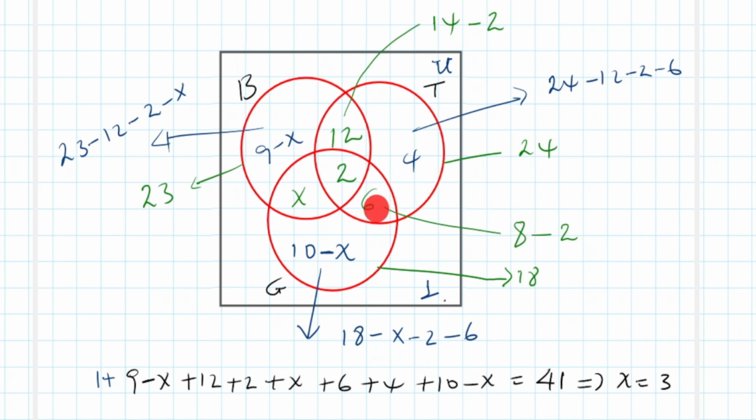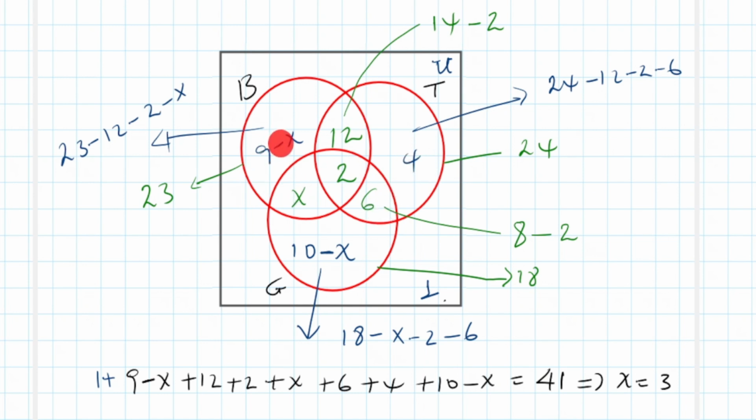So to find the number of people who play golf and tennis only, we subtract 2 from 8, we get 6. We don't know the number of people who play ball hockey and golf only, so we represent it by X. And the number of people who play tennis only is 24 minus 12 minus 2 minus 6, we get 4.